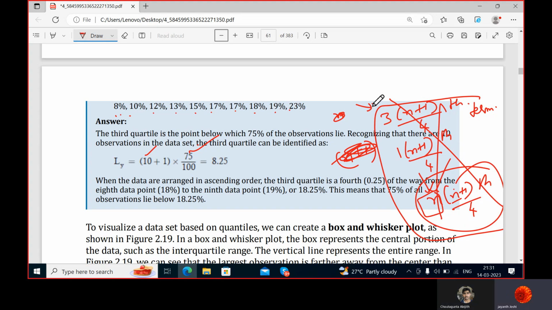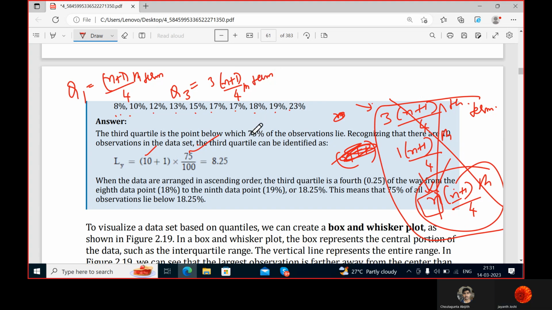So whenever you check any website, they use this formula as well. First quartile, n plus 1 by fourth term. Third quartile, 3 into n plus 1 by fourth term.